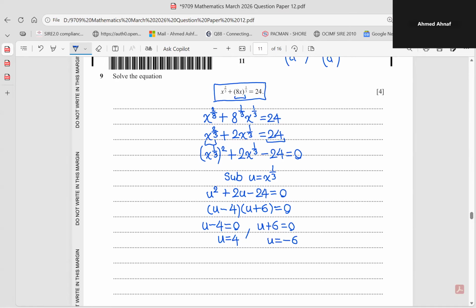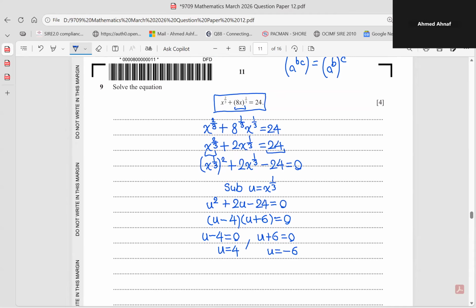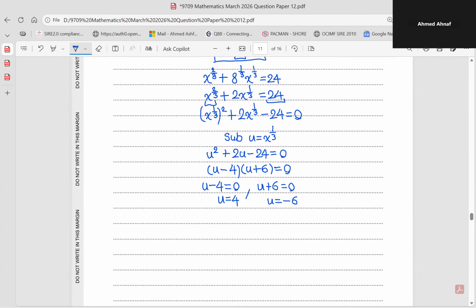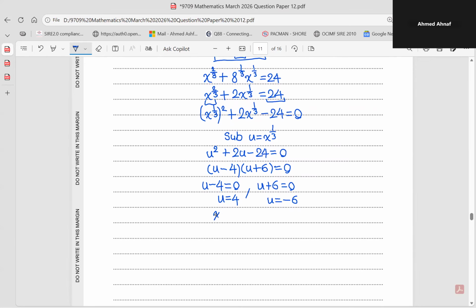And now, you need to remember we're solving for x, not for u. So we're going to substitute back the x terms. So you get x to the power of 1/3 equals 4, and x to the power of 1/3 equals negative 6.